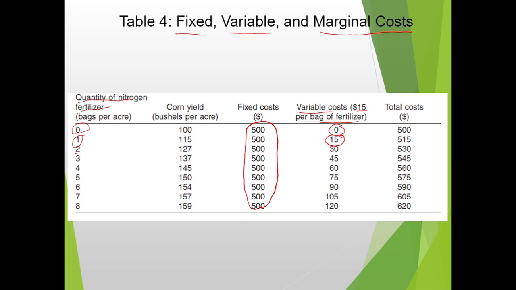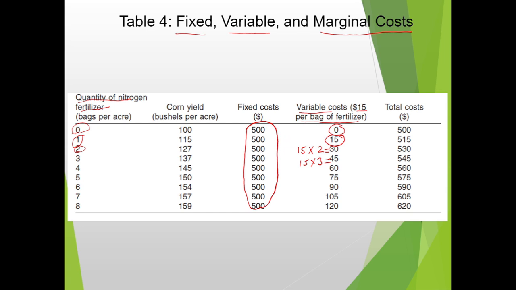Now, when he purchases two bags of nitrogen, his variable cost will be 15 multiplied by 2. In the same way, if he purchases 3 bags, it will be 15 multiplied by 3, which will be 45. So that is your variable cost, right?